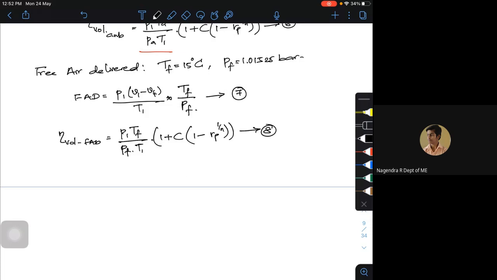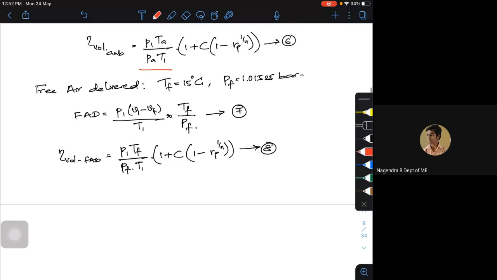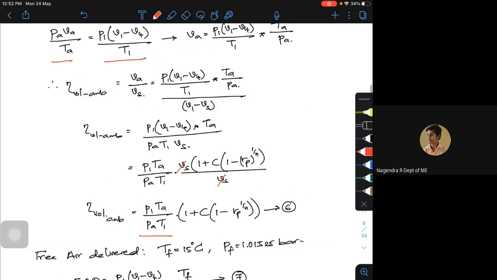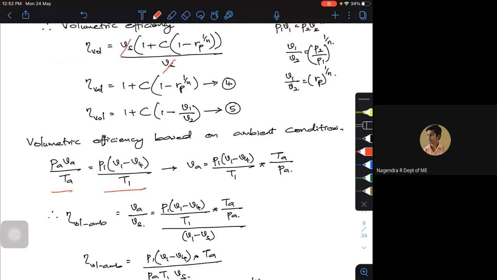Now, as I told you, if you look at the volumetric efficiency expression, whether it is ambient condition, free air delivered condition, or regular condition, the volumetric efficiency is directly a function of the pressure ratio or volume ratio.